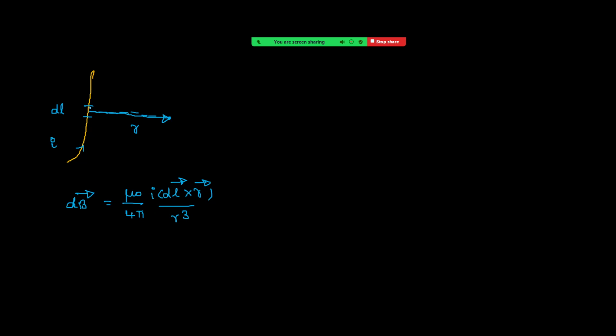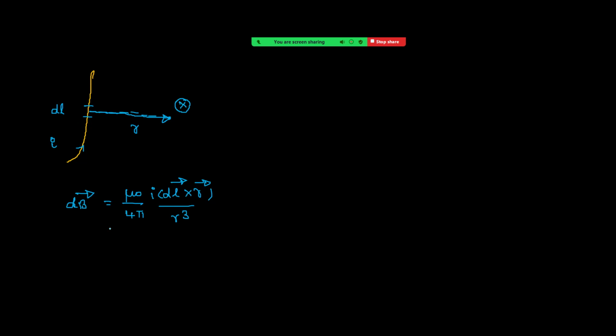If you imagine a plane that contains this dl bar and r bar, then dl bar cross r bar gives a direction normal to this plane. In this case it is into the board. That means at this location, because of this element, the direction of the field is into the board. So this is known as Biot-Savart's law.